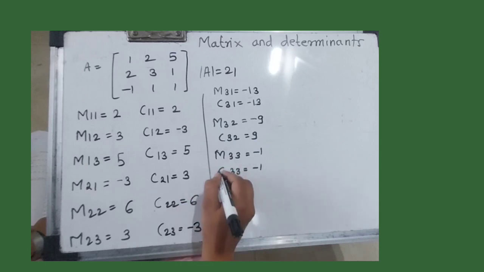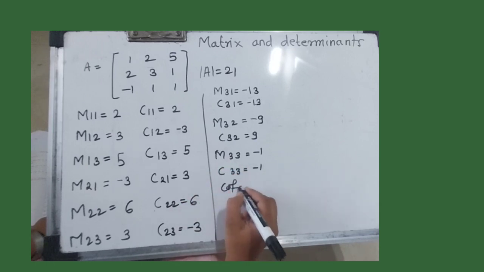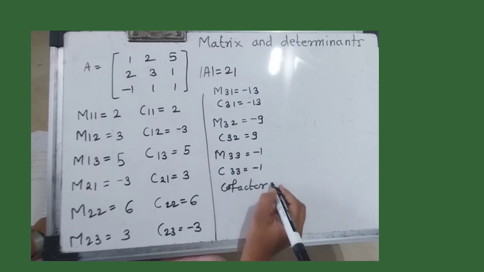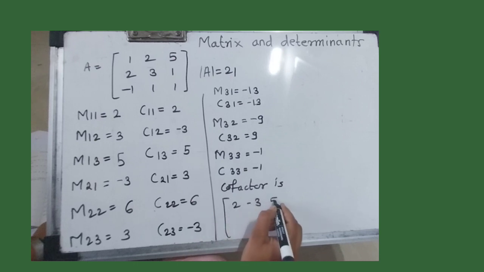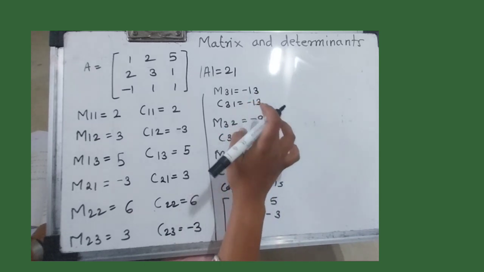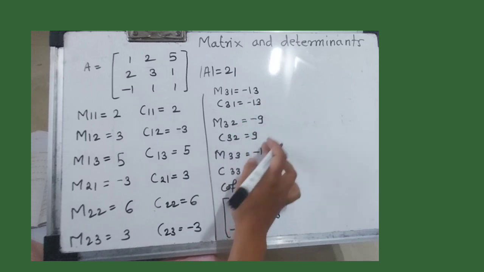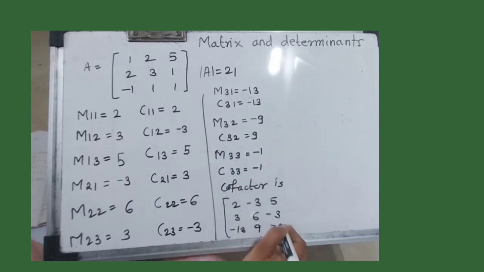Sorry, it is C33. So write down here the cofactor matrix: 2, minus 3, 5, 3, 6, minus 3, and here minus 13, 9 and minus 1.